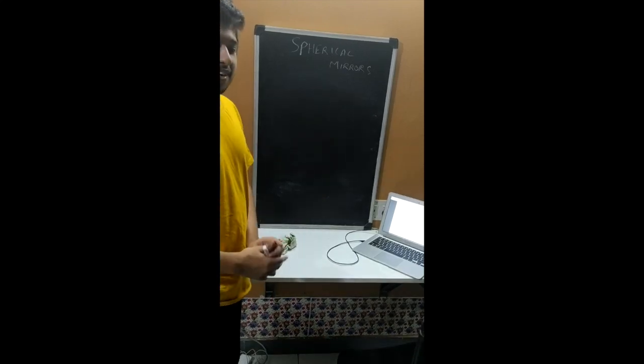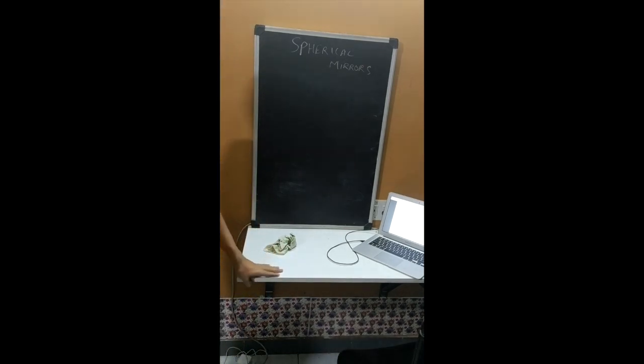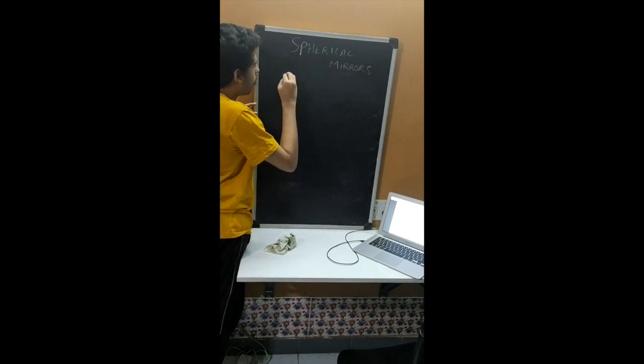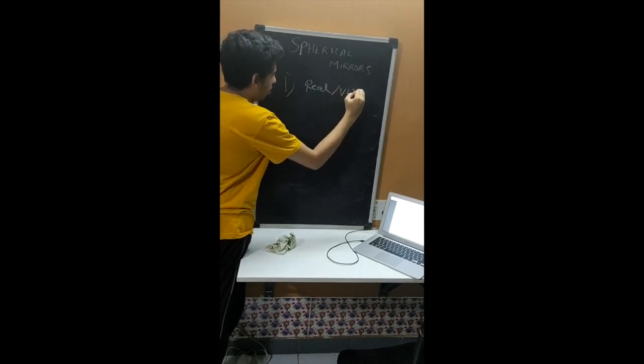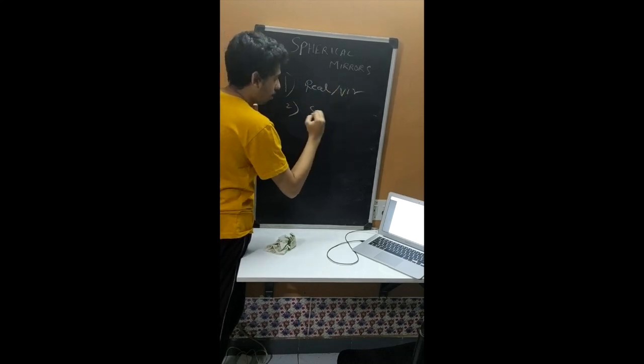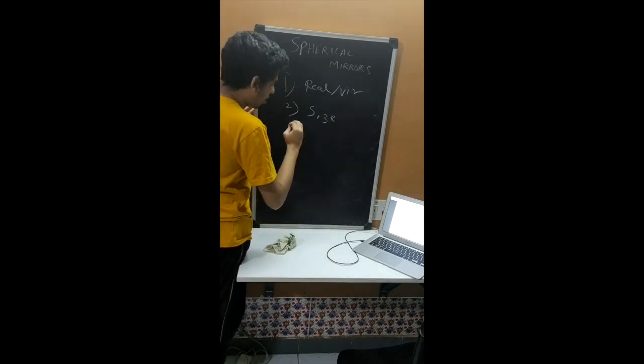Hi. In the last class, we saw how to draw ray diagrams, correct? From the ray diagrams, we could tell several things about the image. We could tell whether the image is real or virtual. We could tell the size of the image, whether it is smaller or bigger than the object.